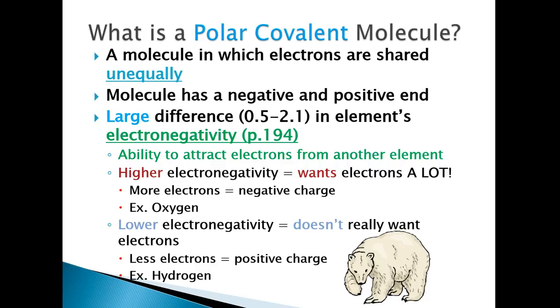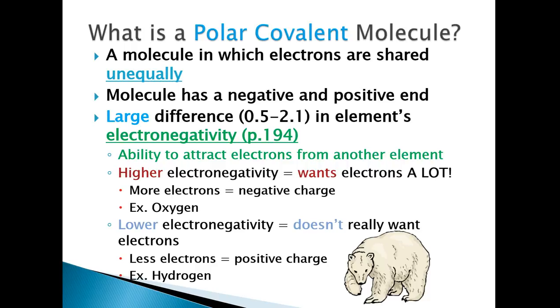So therefore, they're not going to have the electrons as much in this sharing partnership, and so they are going to have a positive charge. Hydrogen is a great example of an element that has a lower electronegativity compared to oxygen. And when we compare them, the oxygen would have the electrons more, hydrogen would have the electrons less.